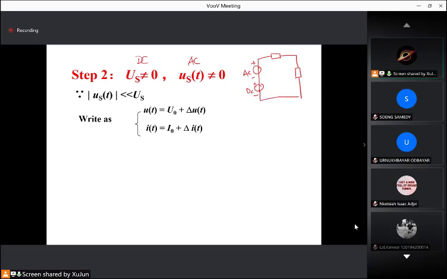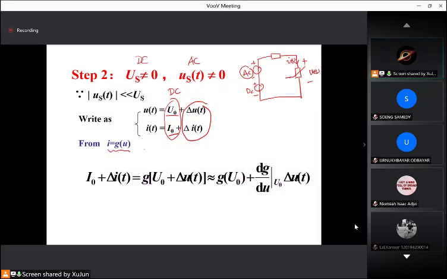This is nonlinear. The UT, IT means this position, this UT, this IT. Because the AC worked, the U0, I0 means no AC, only DC working. Now the AC worked, so they will make small changes, delta U, delta I.